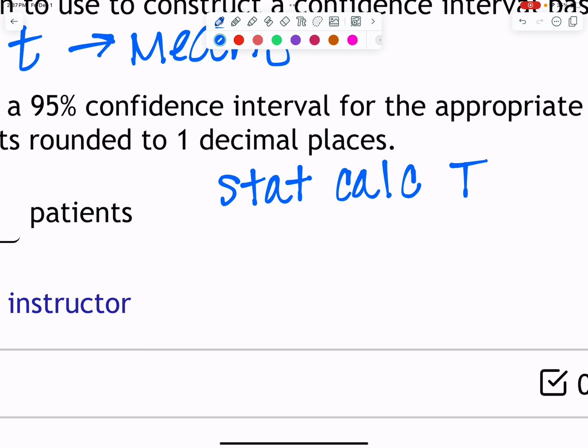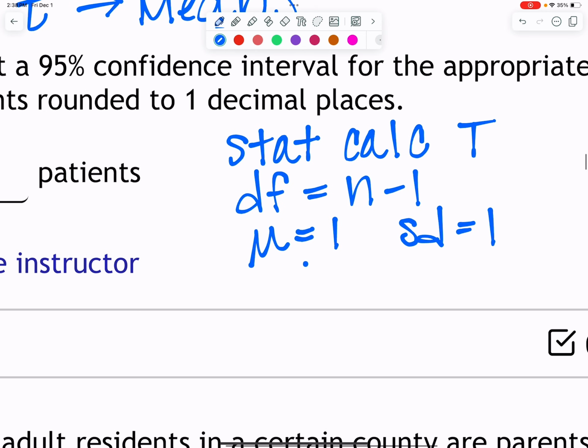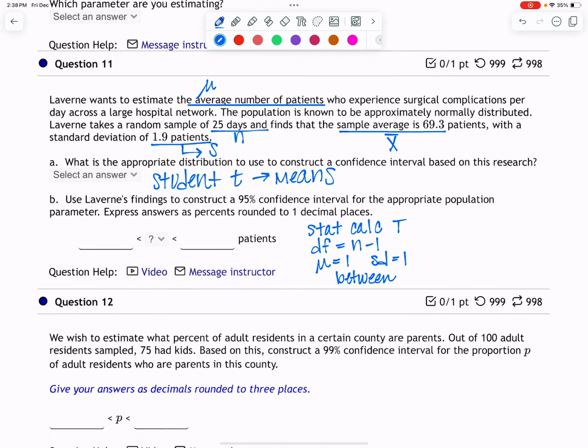Remember to use your degrees of freedom. That's N-1. Leave the mean and the standard deviation at 1. And make sure you use between. That should calculate your critical T.